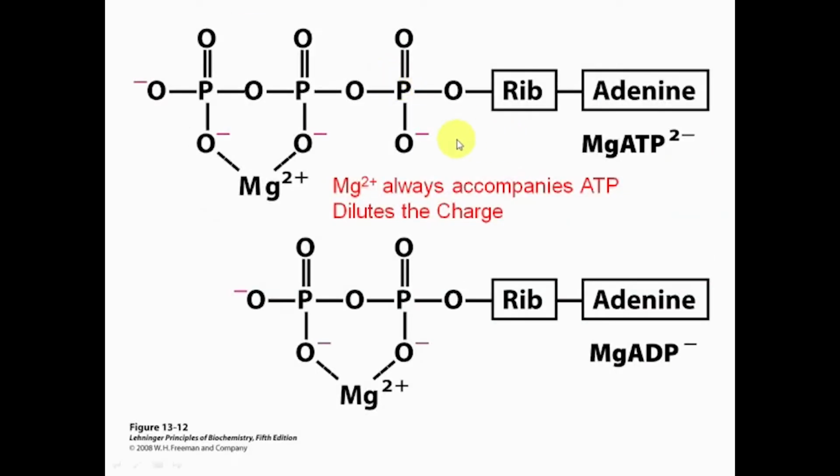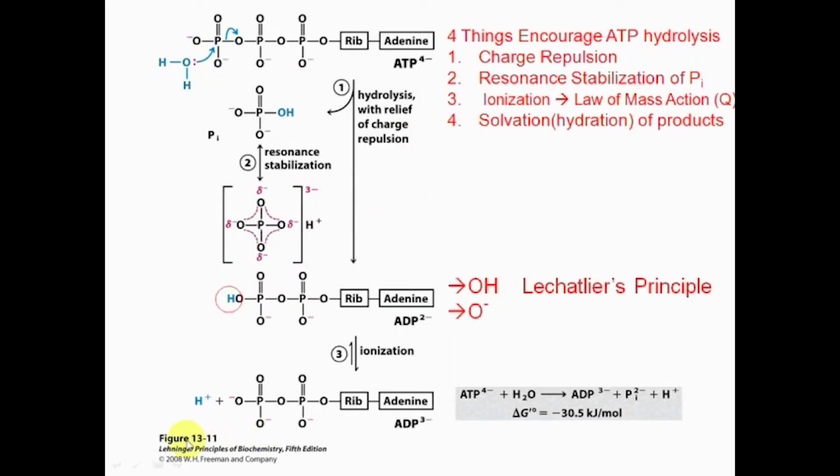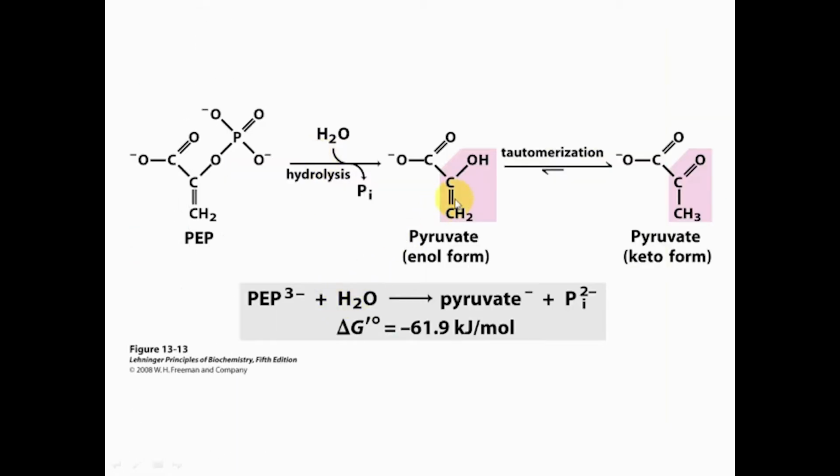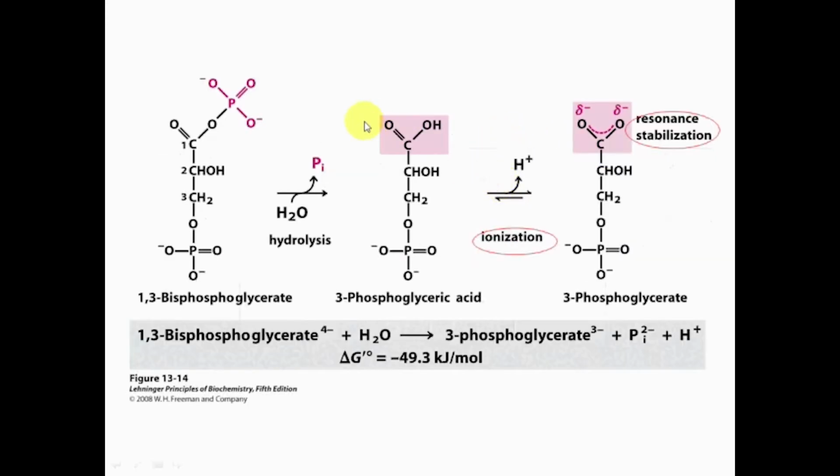Just back on figure 13.11, we saw that there were 4 things that encourage ATP hydrolysis. And with all the other high energy molecules, we're going to see similar things that encourage their hydrolysis. With PEP, this is kind of unique in that we don't see it in ATP, but it's a tautomerization, which stabilizes the product. With 1,3-BPG, we're going to see resonance stabilization of the phosphate, and then ionization and resonance stabilization of the product.